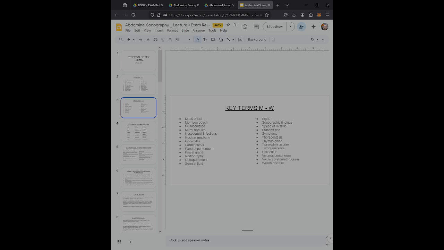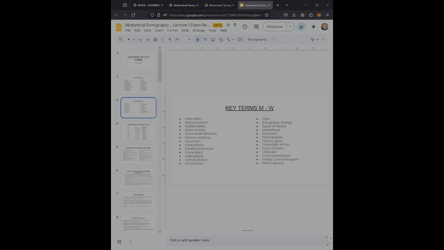Retroperitoneal, posterior to the peritoneum. Serosal fluid, the fluid that is secreted by the serous membranes to reduce friction. Signs is objective evidence of disease. Sonographic findings, this is information gathered by performing a sonographic examination.